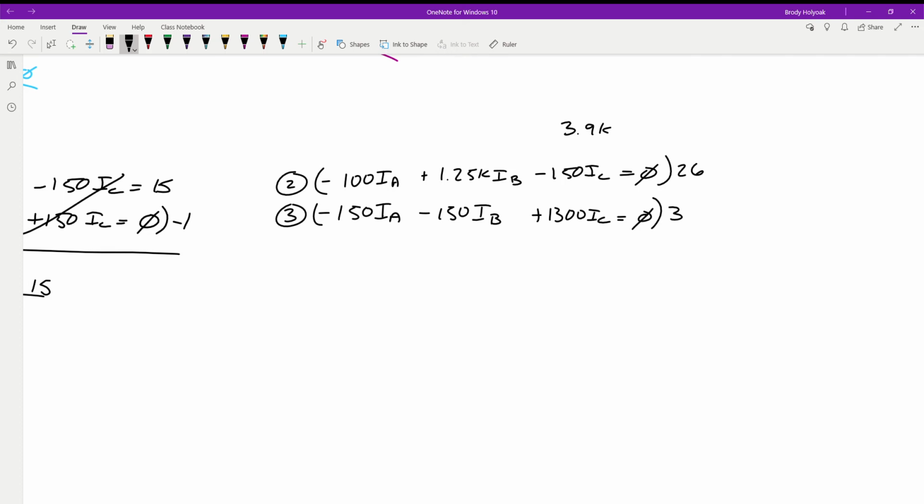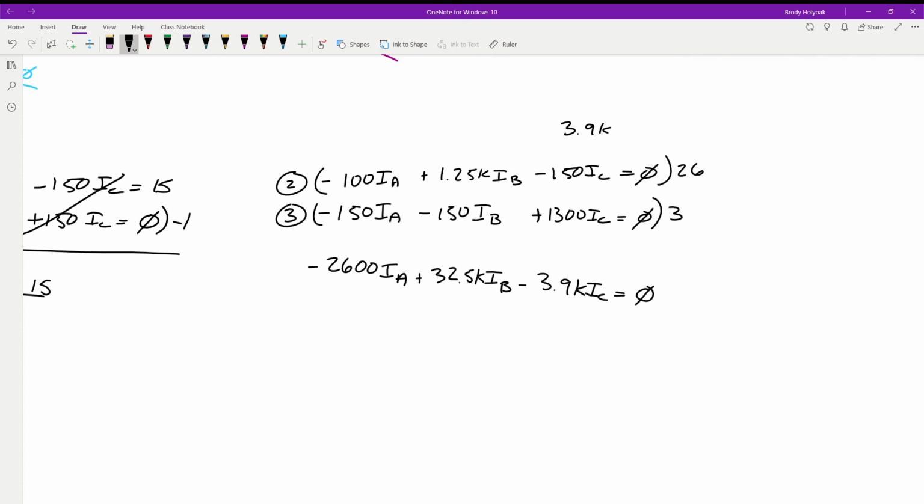All right, so we'll go through, we'll multiply this out. So we end up with a negative 2600 IA plus 32.5K IB minus 3.9K IC equals 0.